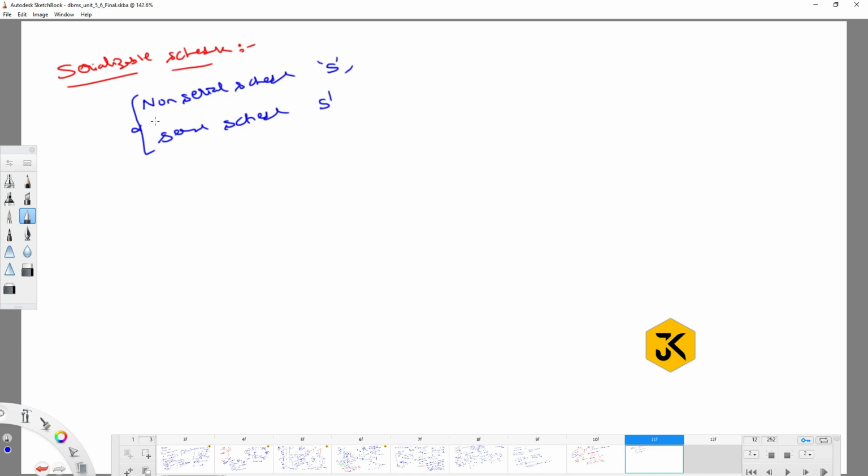What are those properties? First point, they both have the same number of transactions. Meaning that if I take one serial schedule S dash and another non-serial schedule S, and I want to say that these two are equivalent, both schedules should compulsorily have the same number of transactions. That is the first and foremost important point.